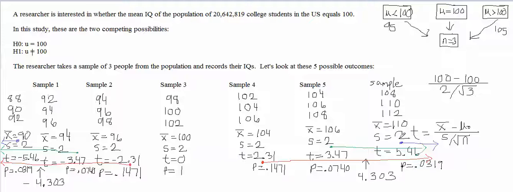So what does this mean? It means that if the null hypothesis is true and the population mean is 100, we have a 0.0319 probability of reaching either of the two blue areas, starting at that t-score and starting at the opposite t-score. That's why they both have 0.0319.